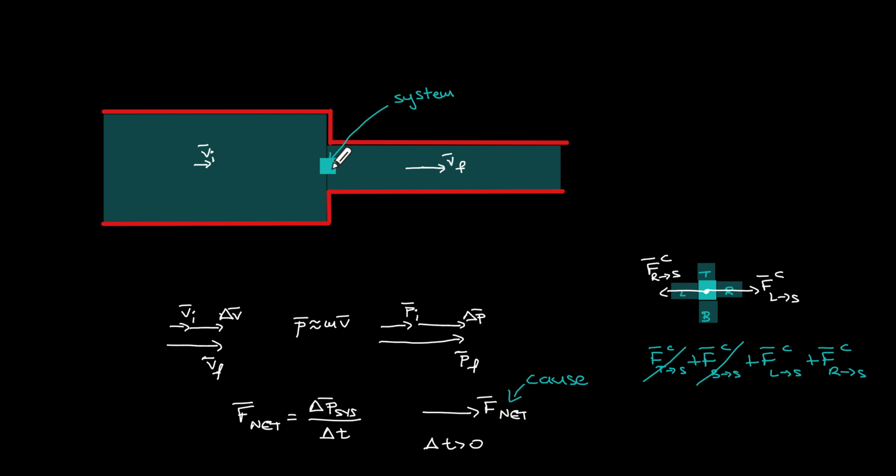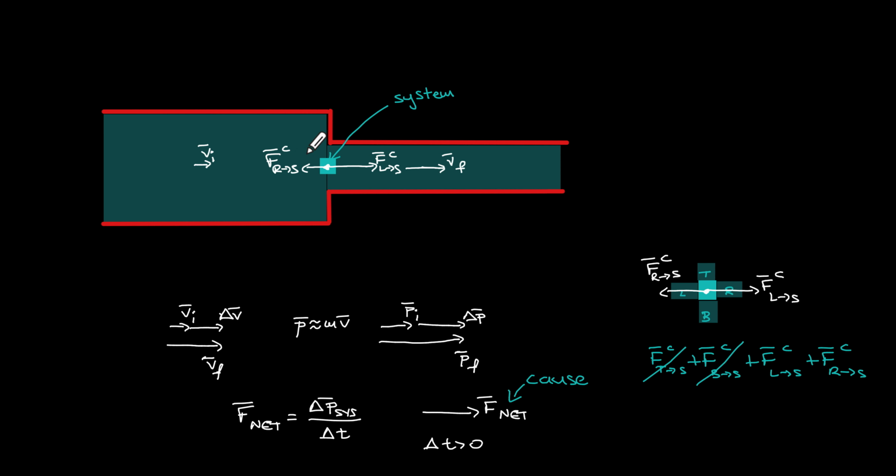So, drawing the forces here on my system that is part of the fluid, there is a large force from this portion of the fluid on the system, and there is a smaller force from here that is pushing my system backwards.